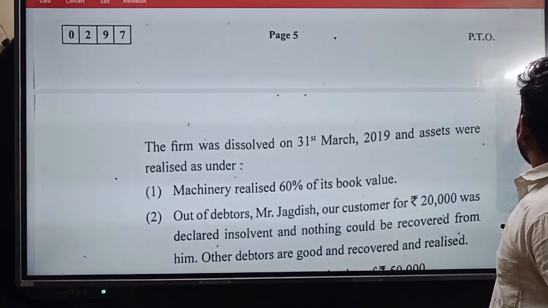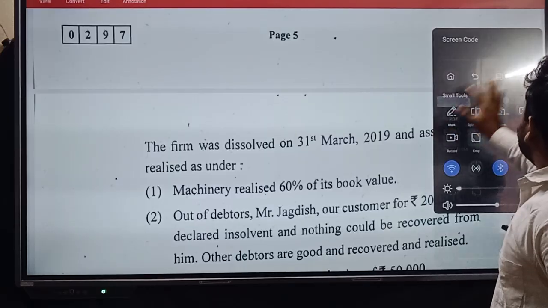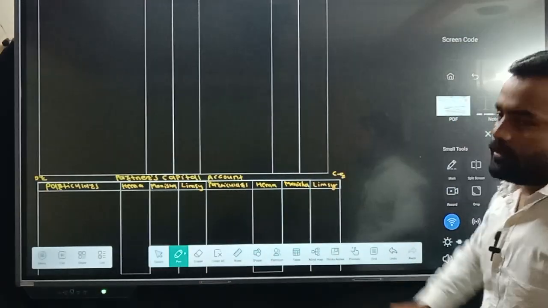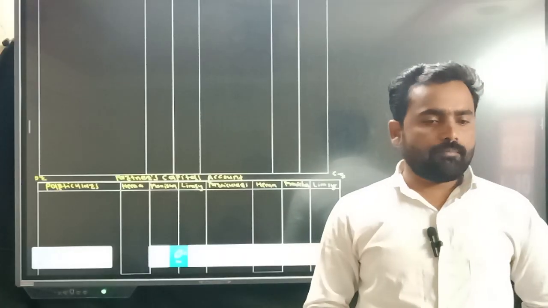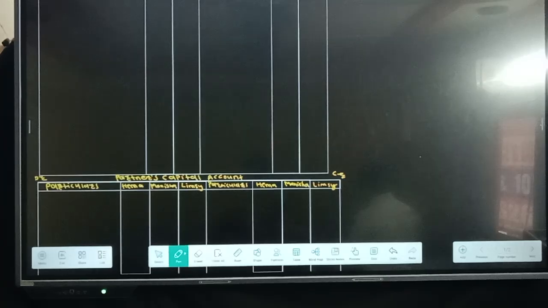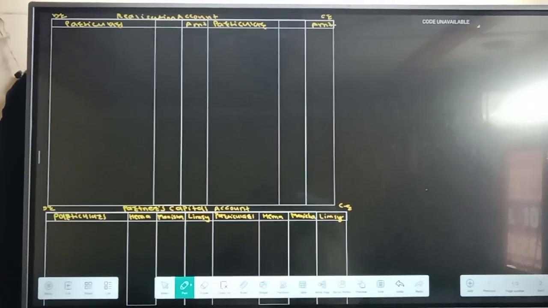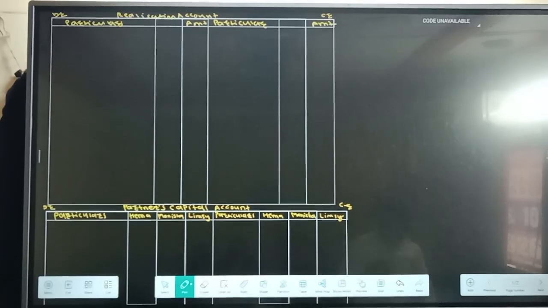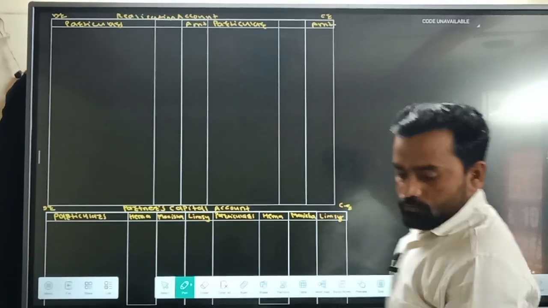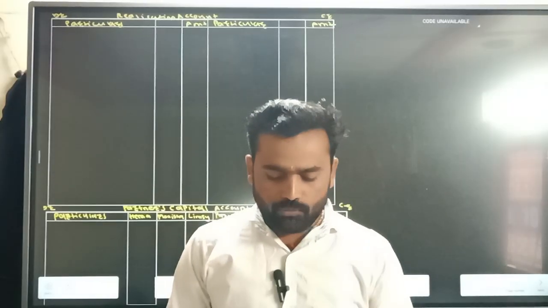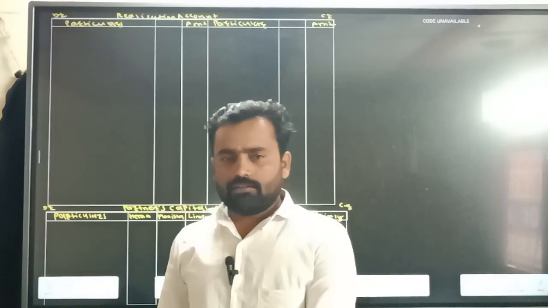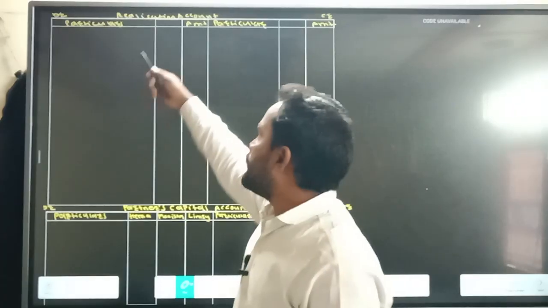We will actually prepare this account and solve step by step. So we solve this question in detail. Firstly, we transfer the asset side to the debit side of the realization account.